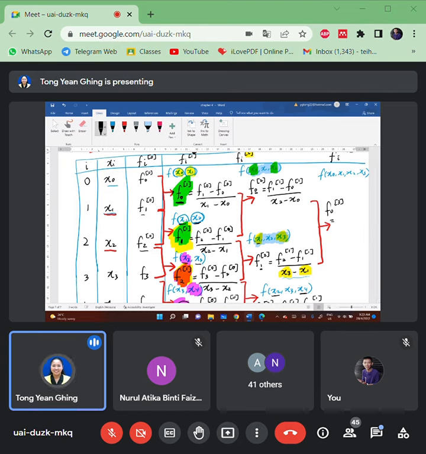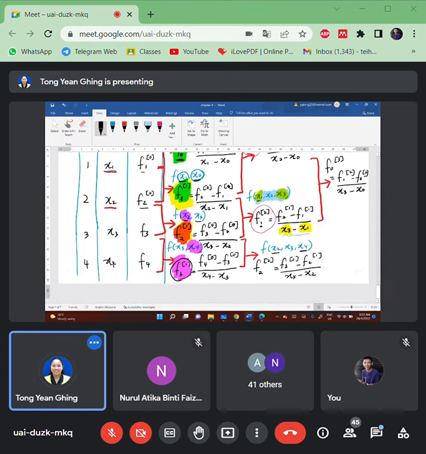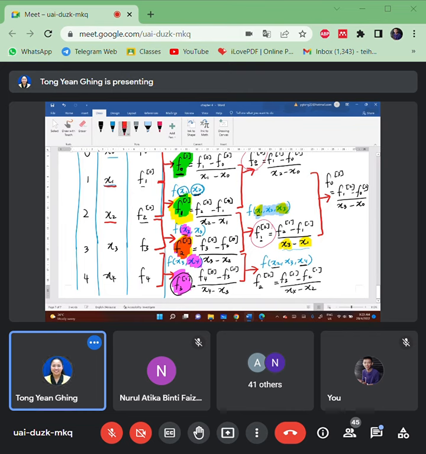Equal to this value minus this value, right? F1 2 minus F0 2, divided by X3 minus X0. And then continue with this one, which starts from X1 until X4.